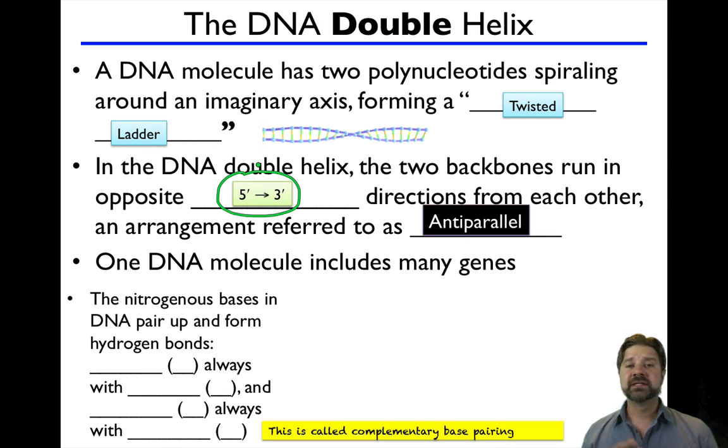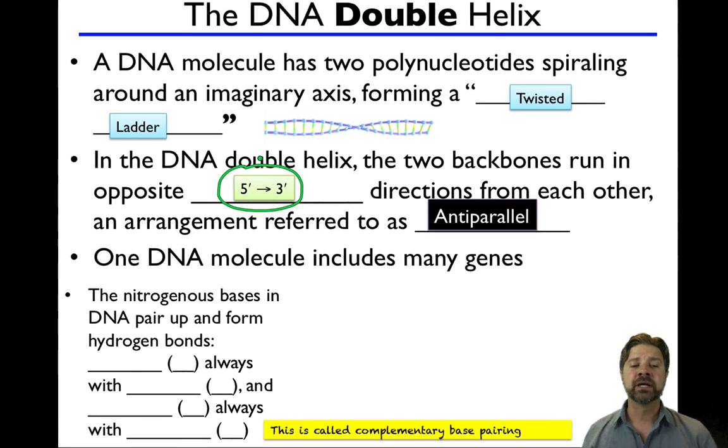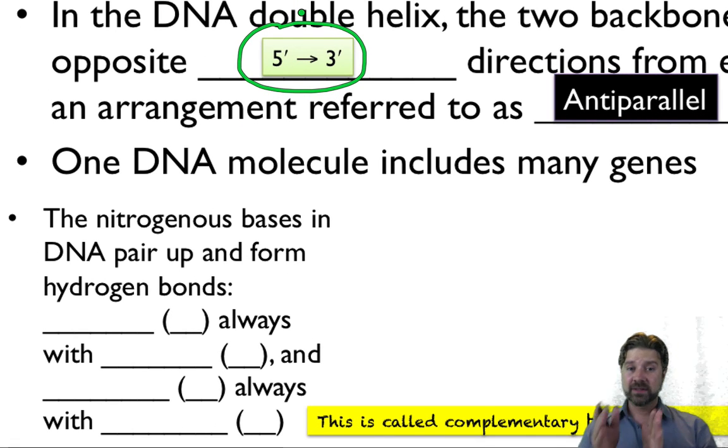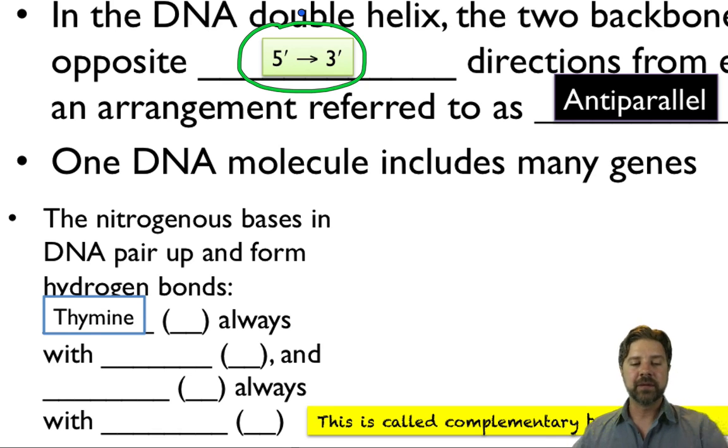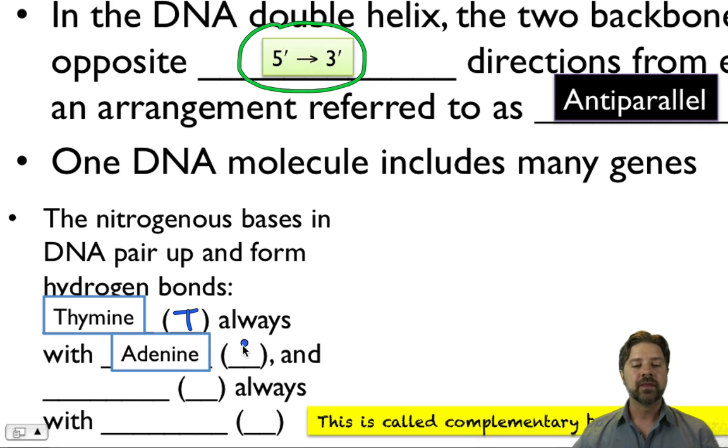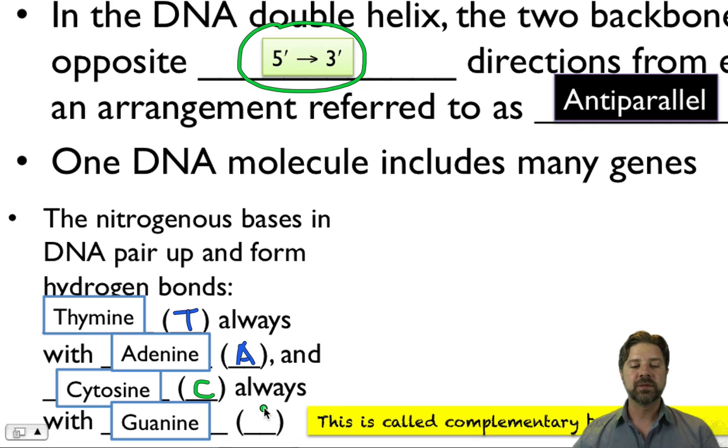Now, a couple of extra details we'll throw in here. As you can see at the last bullet, the nitrogenous bases, those parts in the middle, in DNA are going to pair up and form hydrogen bonds between the two sides. What we're going to see first is the nitrogenous base thymine, which we represent simply with a T, is always going to bond with adenine, which is the A. The other combination is cytosine, which we can use the letter C for, bonding with guanine, which is G. And again, this is for the DNA double helix.